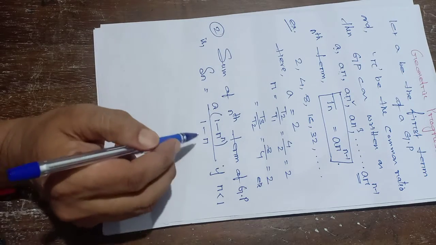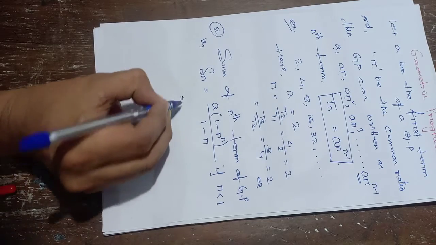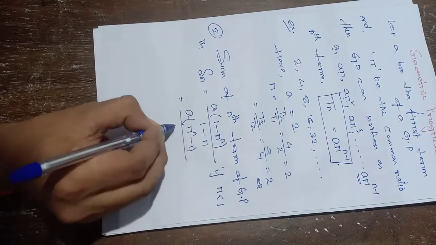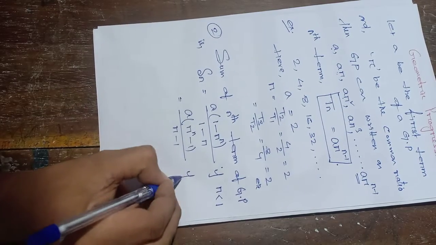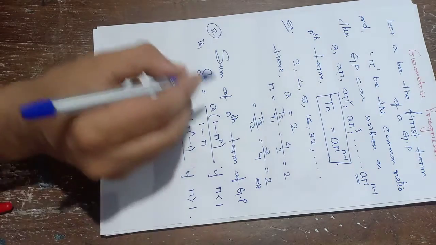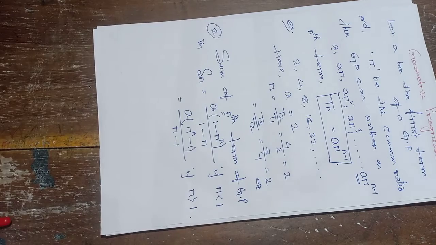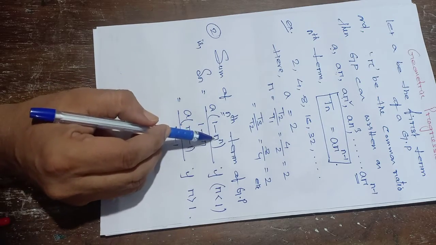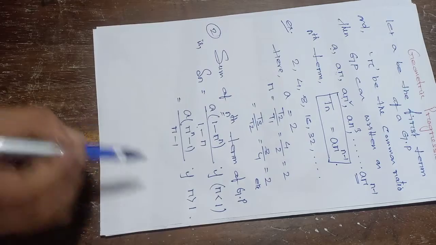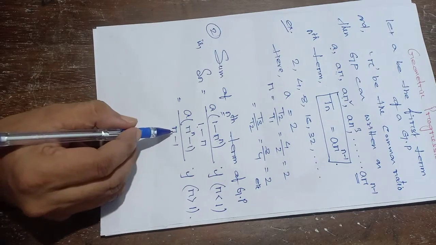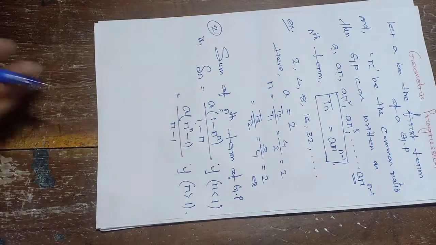If the value of r is greater than 1, then we will use this formula: a into r to the power n minus 1 divided by r minus 1. So these are the two formulas for the sum of n terms of GP that we will use for two different cases.